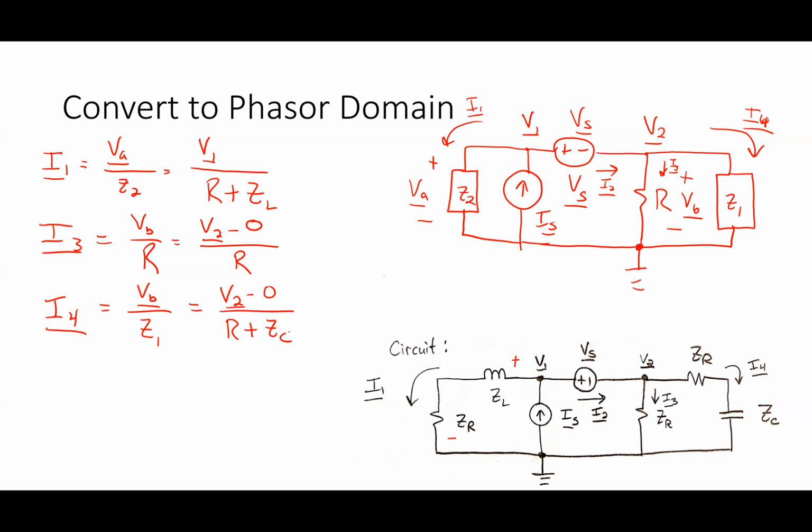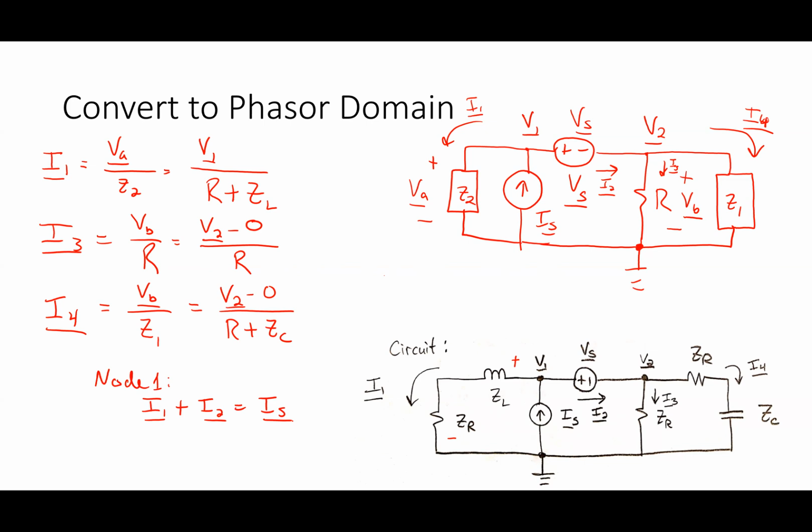I think we need to go to I1 plus... It's I sub S. So at node 1, I1 is going out, plus I2 is going out, and I sub S is going in.